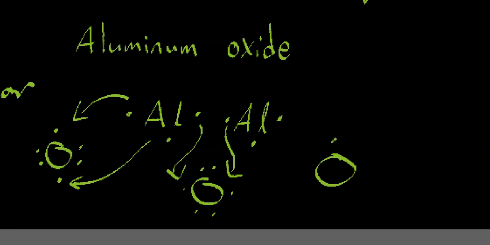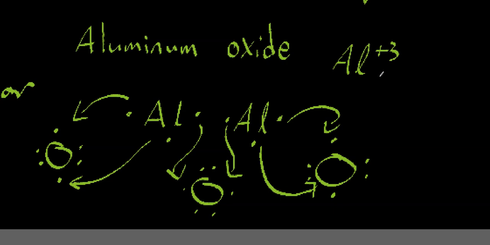Throw in another oxygen. And then it's all set. Now you'll see that each aluminum atom gives away 3 electrons. That means each aluminum has a +3 charge. Each oxygen receives 2 electrons. That means they have a -2 charge.